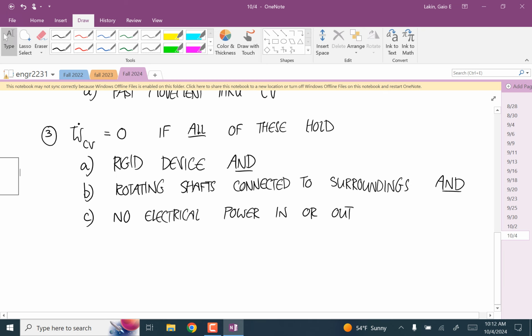And then the fourth one is V squared over 2 and gz, the kinetic energy and potential energy terms.